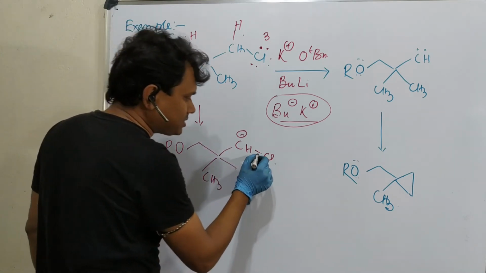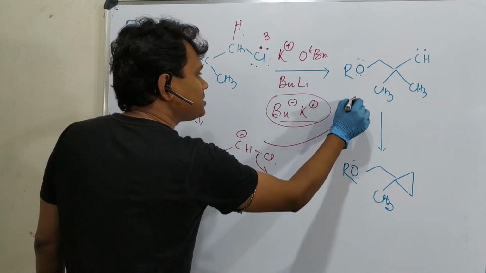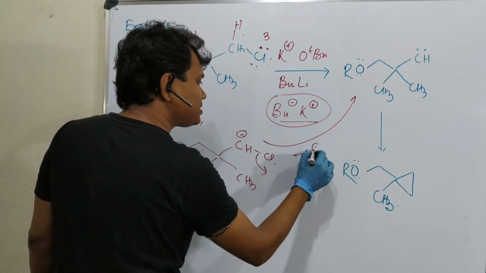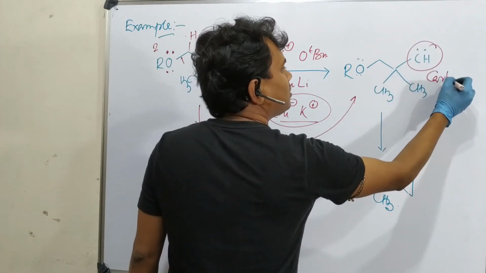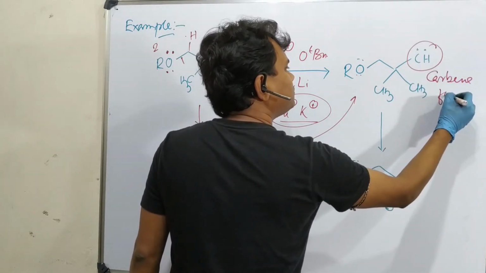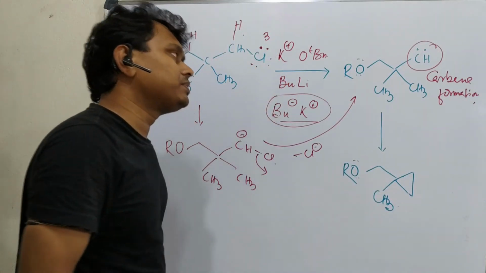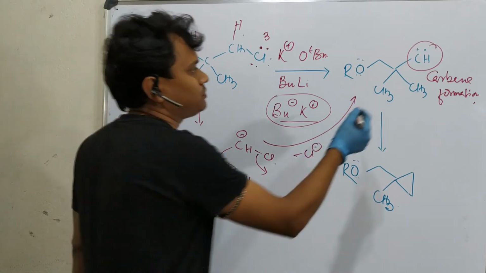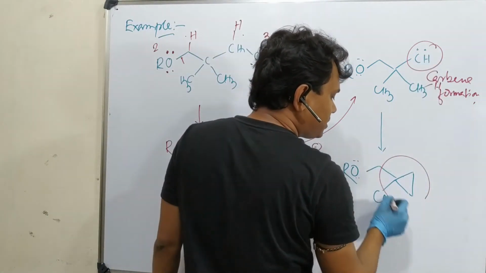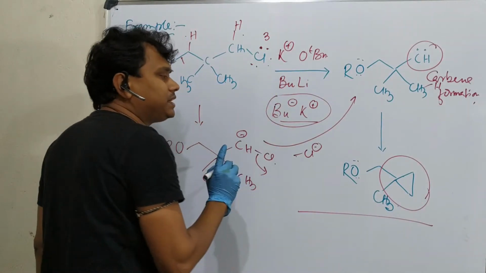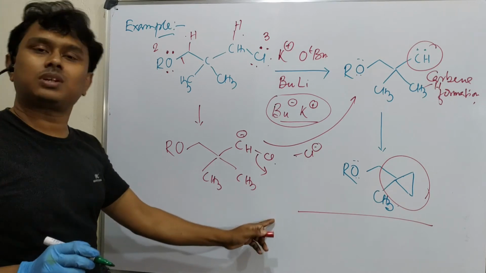So what happens next? The Cl minus leaves, resulting in carbene formation. And in the next step, CH insertion happens, and it forms a cyclopropane ring. So this is one example of the reactivity of this Schlosser base.